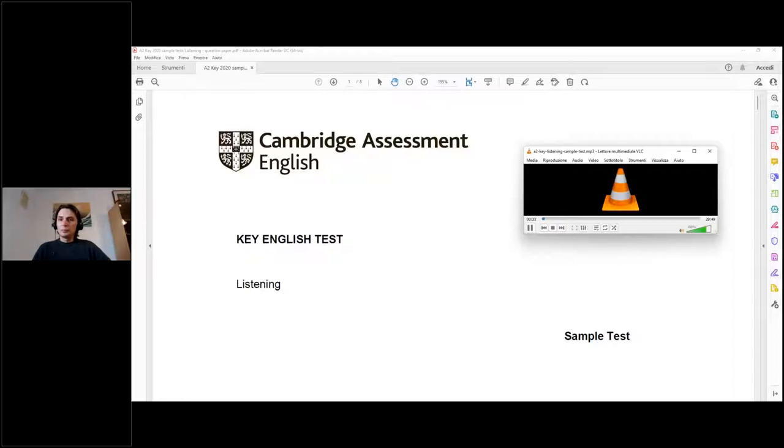Now look at the instructions for part 1. For each question, choose the correct answer. Look at question 1.